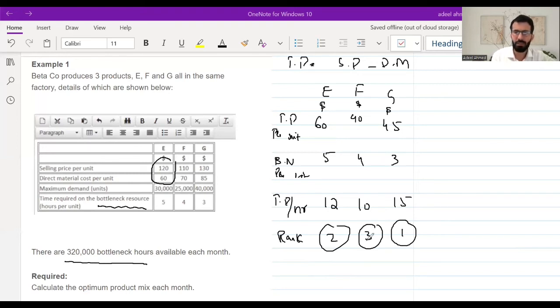So based on this ranking, we will now move on to the process of optimal production plan, where we will determine how many units of each product we could possibly produce within the available time. So let me note down the ranking, because I will just keep the example with me.